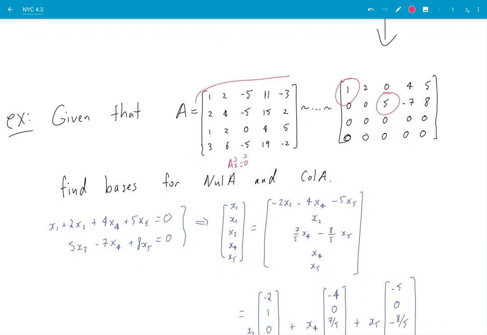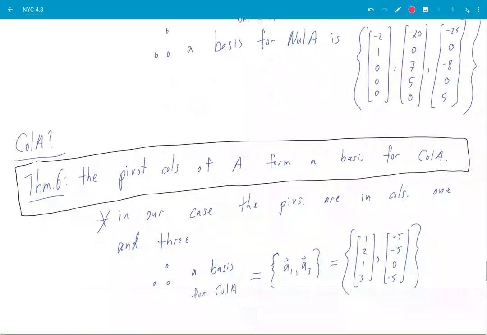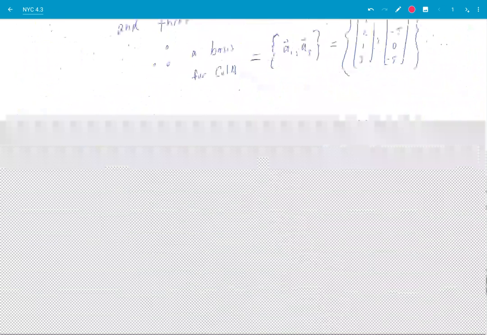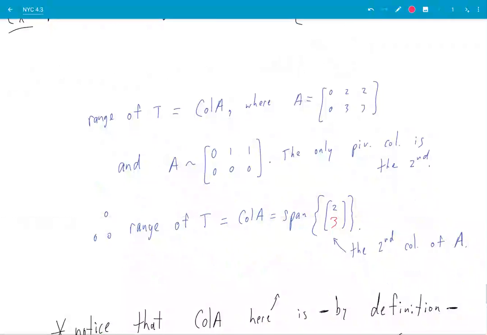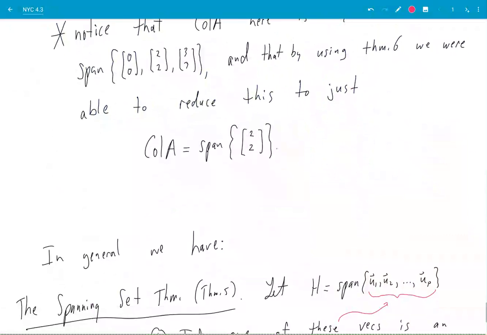Okay, so we went from 5 columns to 2 columns. So progress. So let's introduce a theorem that kind of formalizes this.